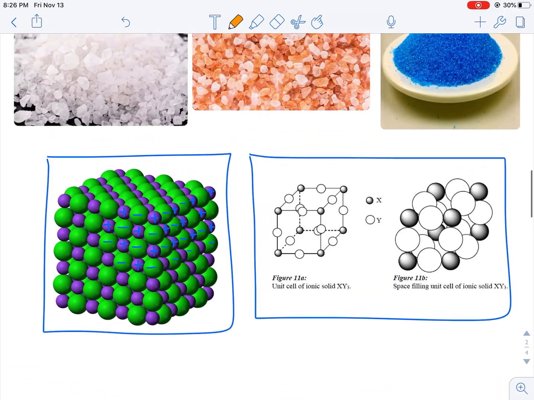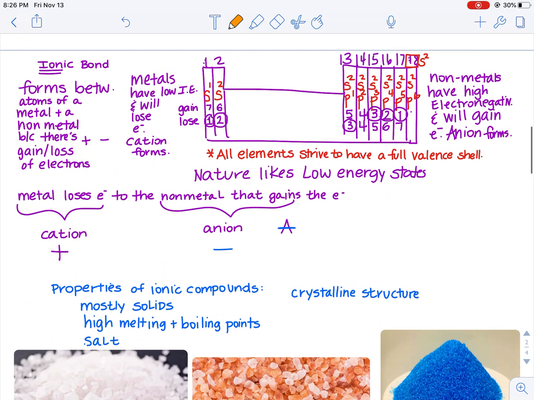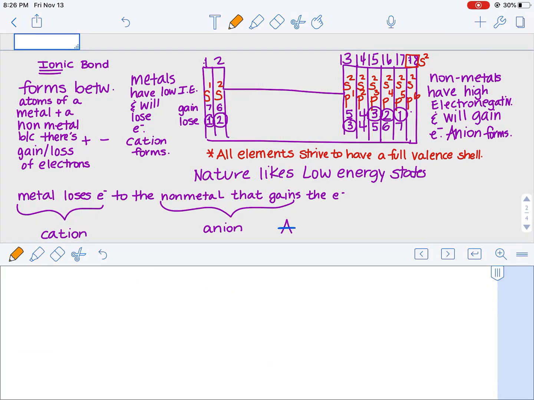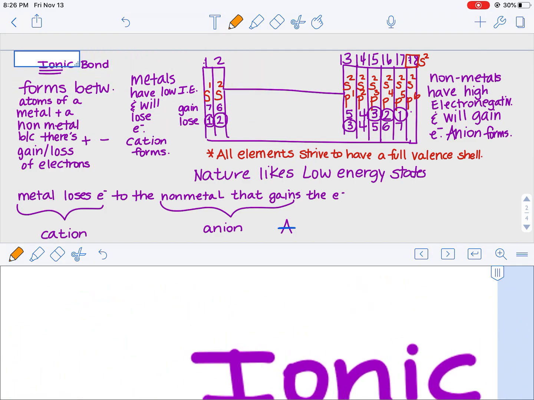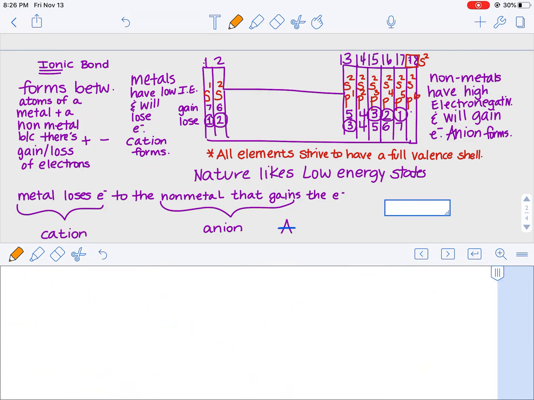There is one disclaimer, and that's back with our ionics, because we have the existence of what's referred to as polyatomic ions.